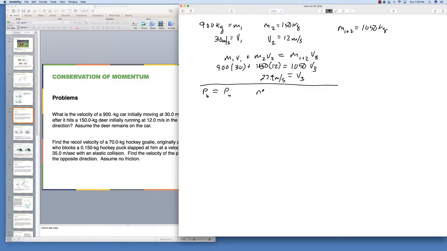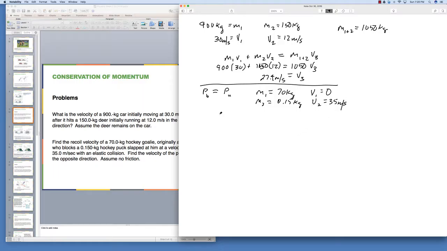And the momentum before, first of all, let's assign the goalie is at 70 kilograms, and he is not moving, so that's 0. The hockey puck is 0.15 kilograms, and it's moving at 35 meters per second.